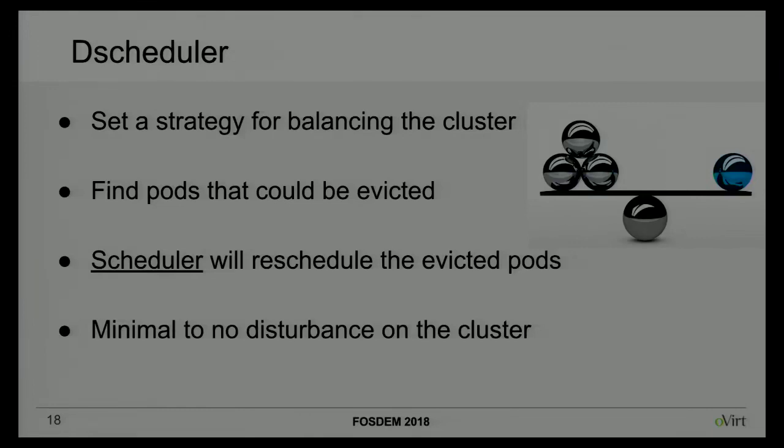It can be high utilization, low utilization, maybe power saving in the future. Having set that policy, it looks for a trigger, a state in which it can enable load balancing in the system, meaning I got to a certain state and now I can take down one pod, kill it, and let the scheduler reschedule it again.